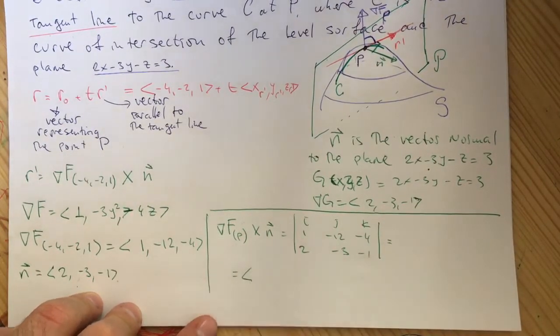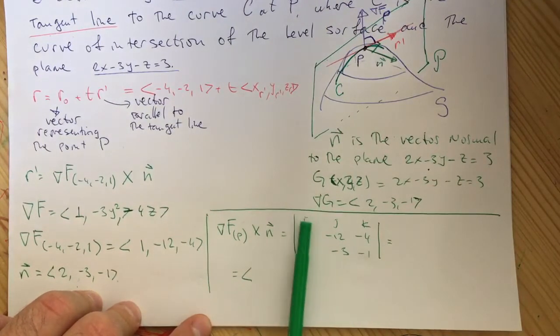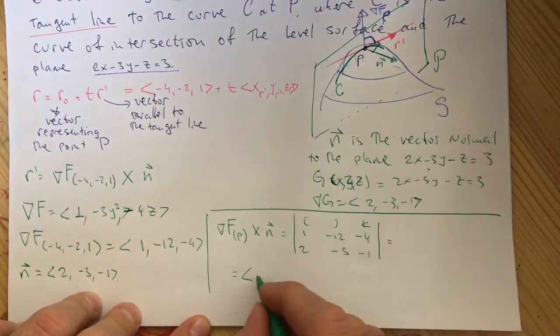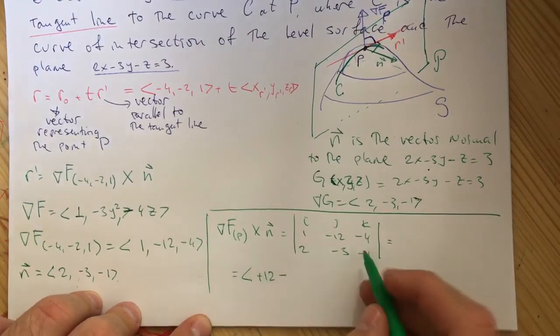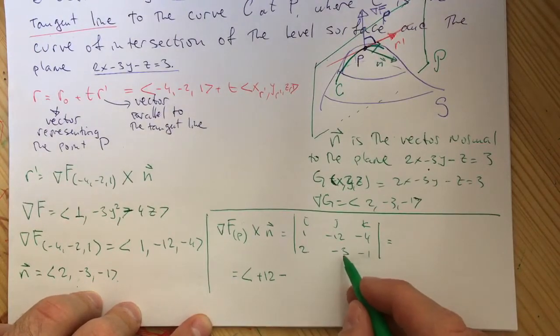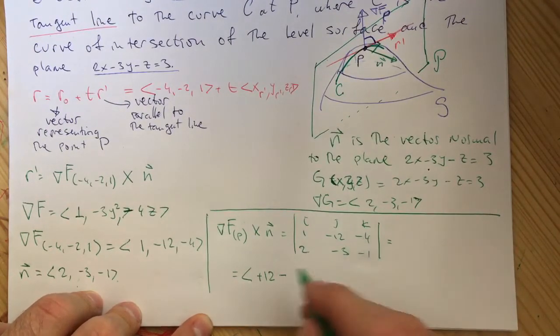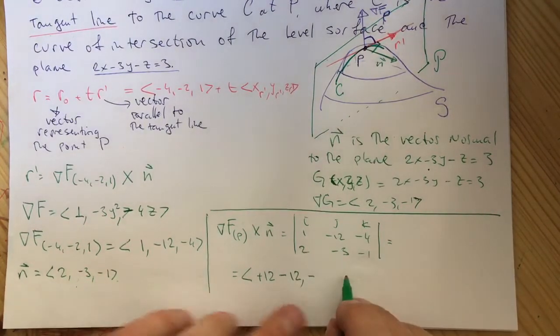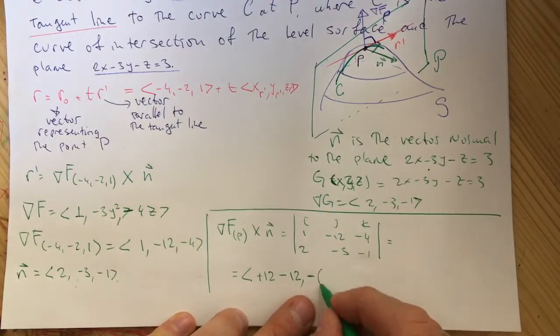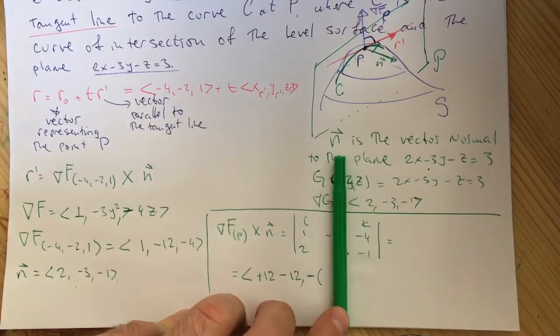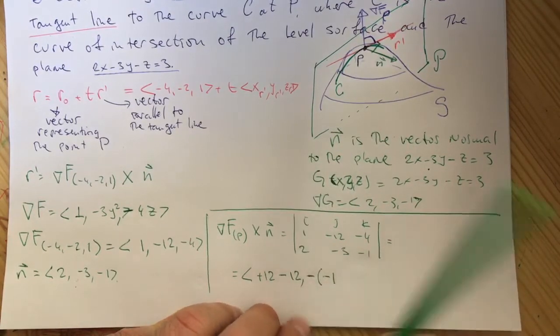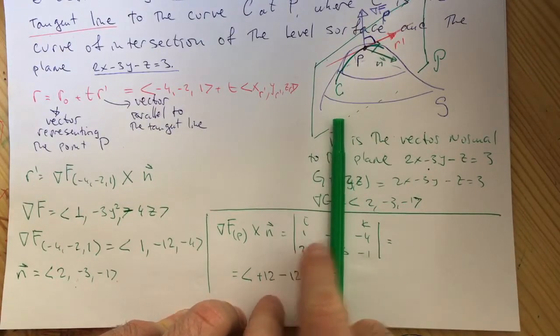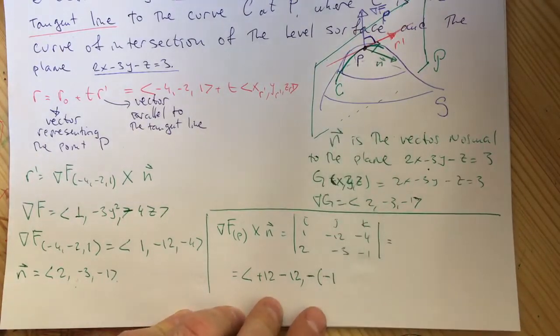So that's i times this 2 by 2 matrix: -12 times -1 is +12, minus -3 times -4 is +12. For the second component, don't forget to multiply it by negative, and now evaluate this 2 by 2 matrix: 1 times -1 is -1, minus 2 times -4 is -8, so that's +8, right?